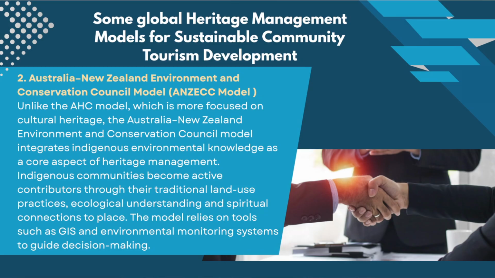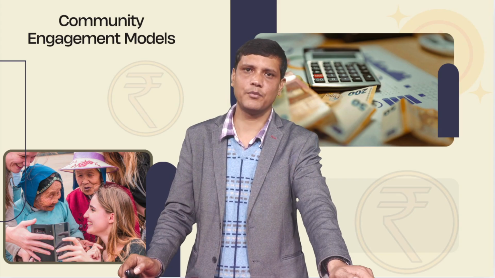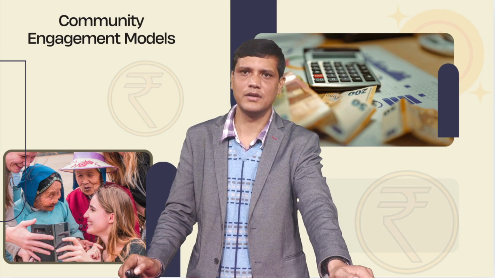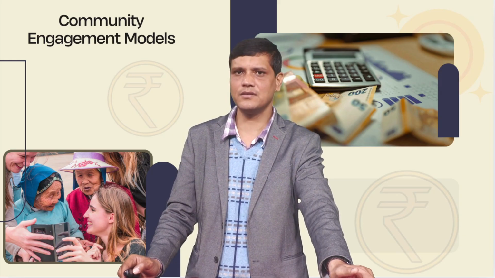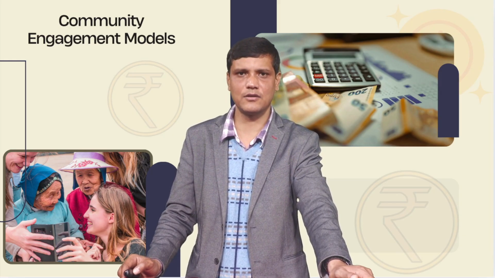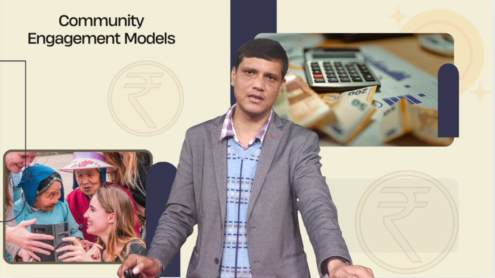The model relies on tools such as GIS and environmental monitoring systems to guide decision making. Although it supports community involvement, it is clearly oriented towards ecological management and sustainable natural tourism rather than cultural tourism.